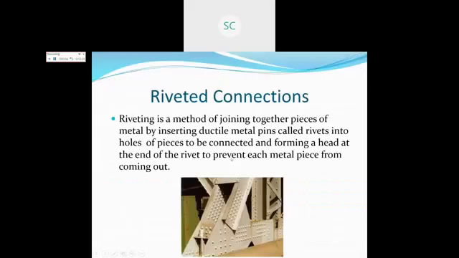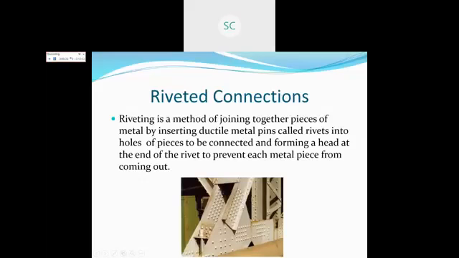You might have seen many structures like this. This figure shows the riveted connection. Riveted connection means, in this joint of this channel section and this gusset plate, we make holes as per the diameter of the rivet.